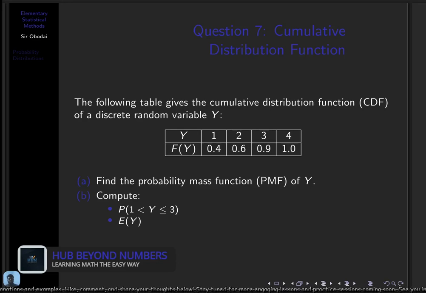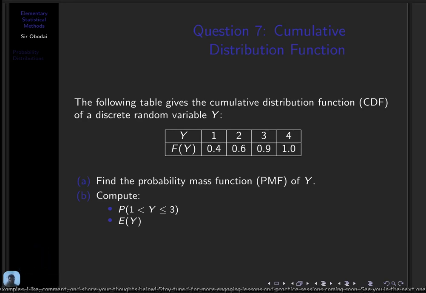This particular question is quite challenging, and I would expect you to really pay attention so that you understand the concept. The question says the following table gives the cumulative distribution function, CDF, of a discrete random variable. Remember, it is a function, right? It is giving us a function.